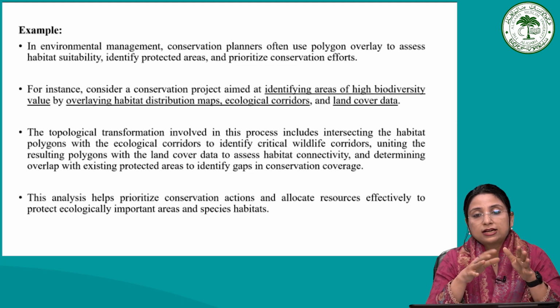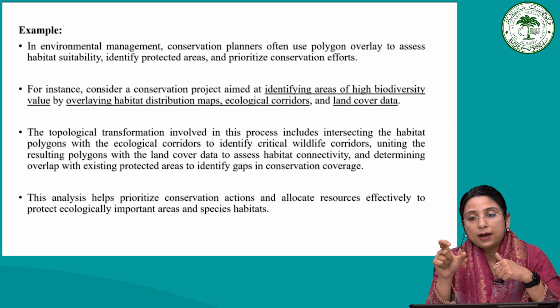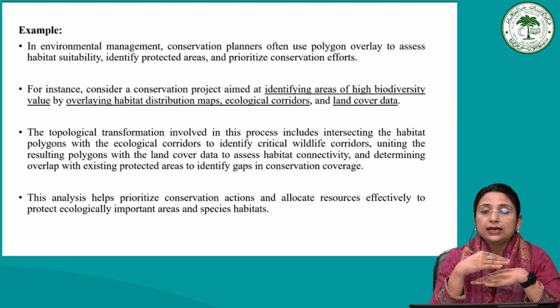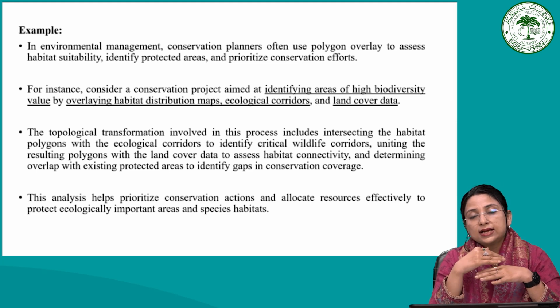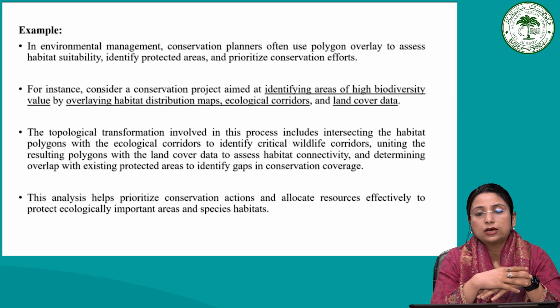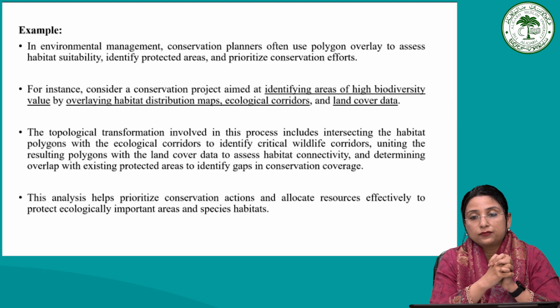Now the topological transformation involved in this process will include intersecting the habitat polygons from the first map, the habitat distribution map, with the ecological corridors from the second map. First, the intersection of habitat polygons with the ecological corridors will be performed in order to identify the critical wildlife corridor.